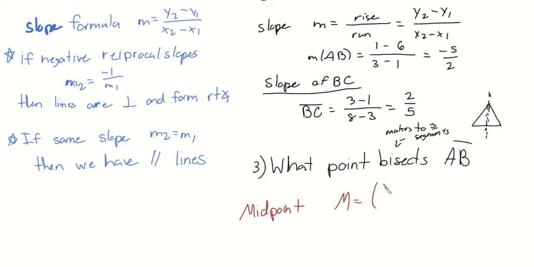Right. So that's x2 plus x1, doesn't matter which one goes first, divided by 2, comma, y2 plus y1 divided by 2. Now I wrote this as a what? As an ordered pair. This is an ordered pair.